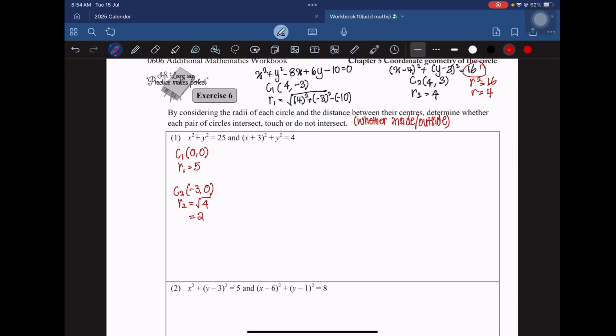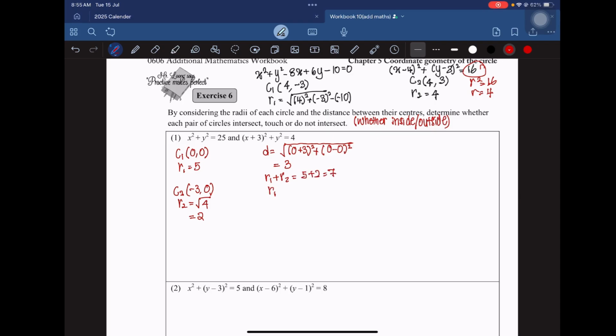So that's why your distance is equal to the square root of 0 minus negative 3, so it's 0 plus 3 squared plus 0 minus 0 squared. So the distance is just 3, if you calculate. Then your R1 plus R2 is equal to 5 plus 2, which equals 7.